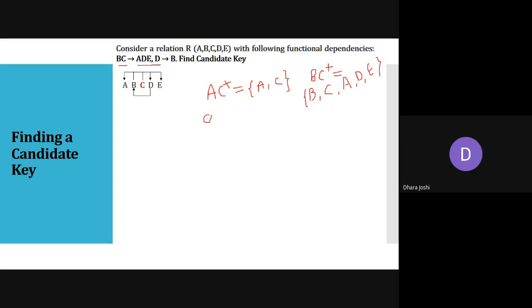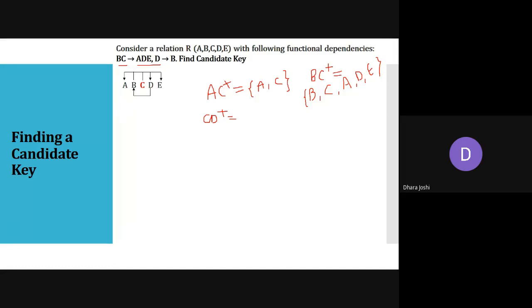Okay. Now check it for CD plus. What can be the solution? If you have the value of the C attribute and the D attribute, then what can be the solution for that? Krish replied CDB.